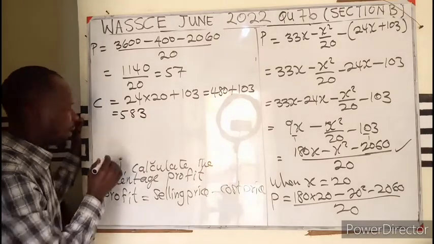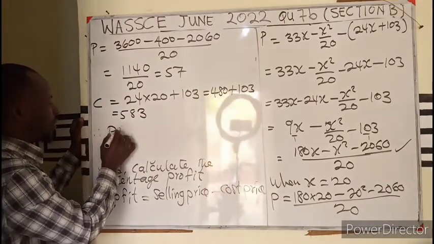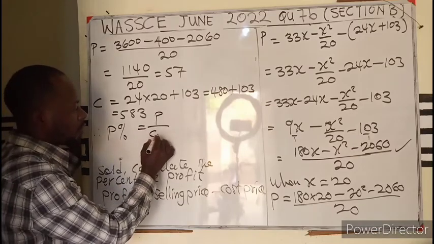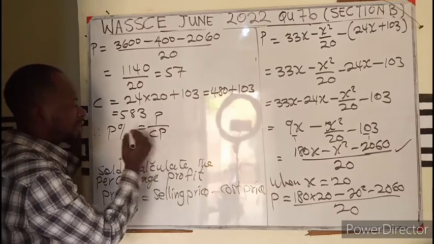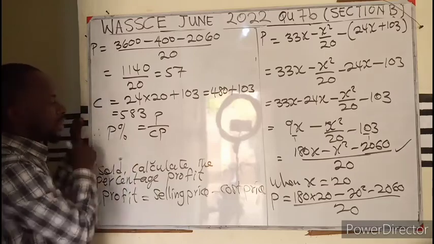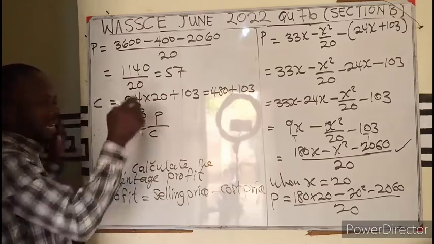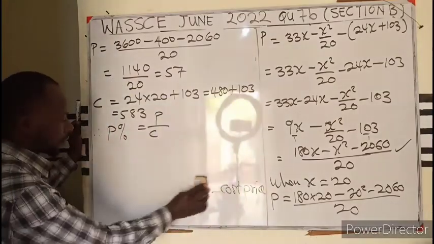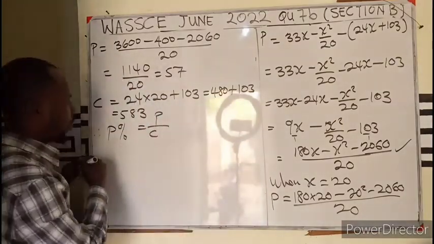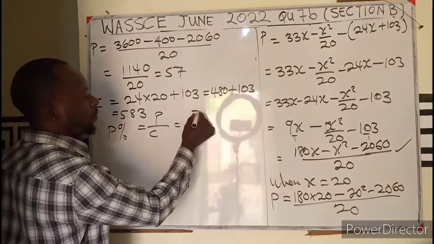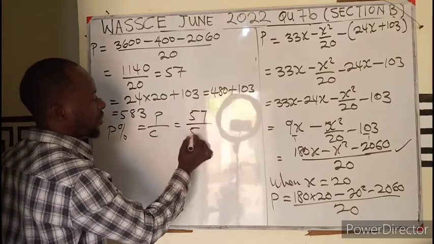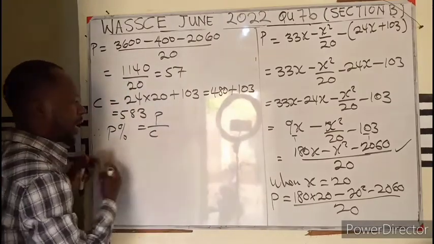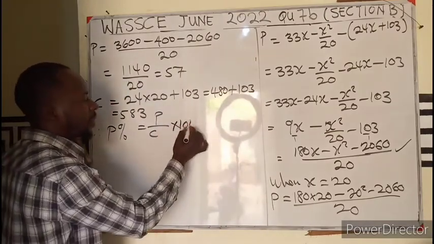And our cost price is just going to be 583. Therefore, our profit percent, which is profit over cost price, already we are using C, so we can still maintain the C from the question. Then by substitution, we are going to have 57 over 583, times 100%.